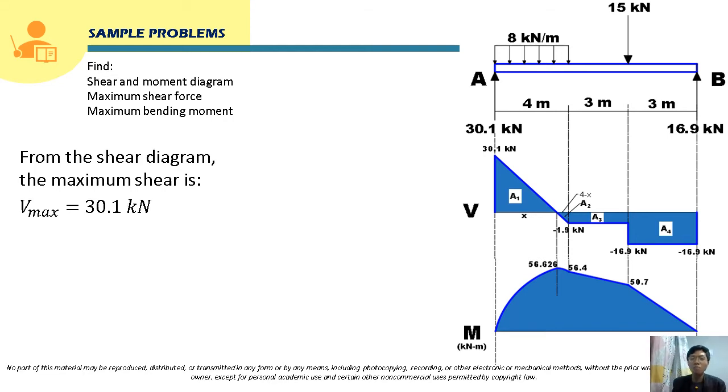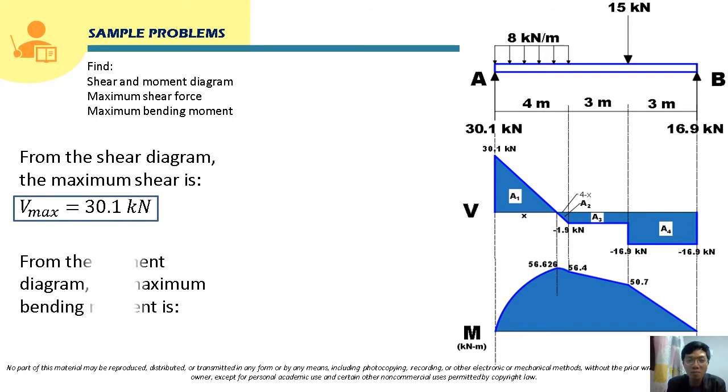For maximum shear and moment, it is regardless of whether it's positive or negative. The shear or moment that gives you the highest numerical value will be the maximum shear and bending moment. In this case, the maximum shear is 30.1 kilonewton.